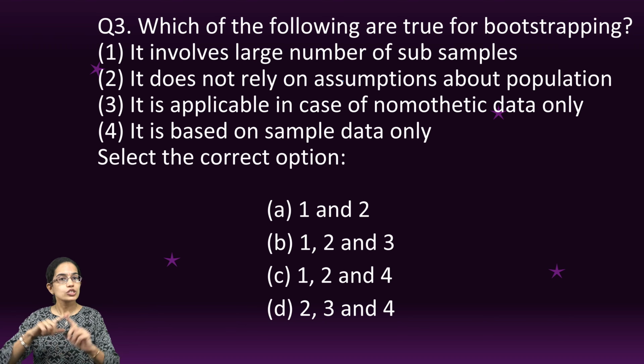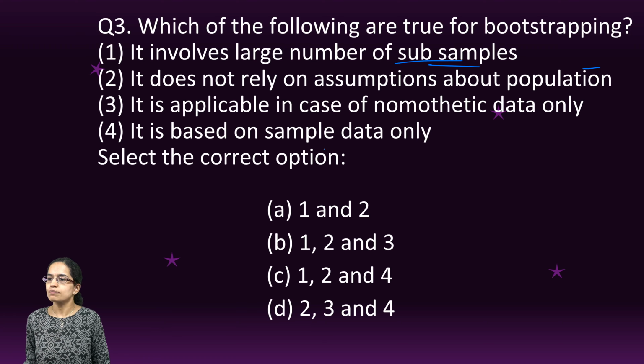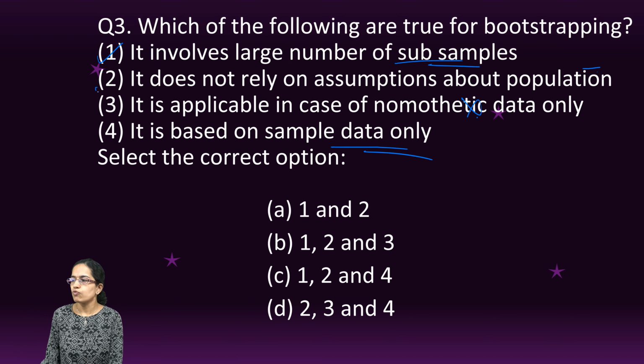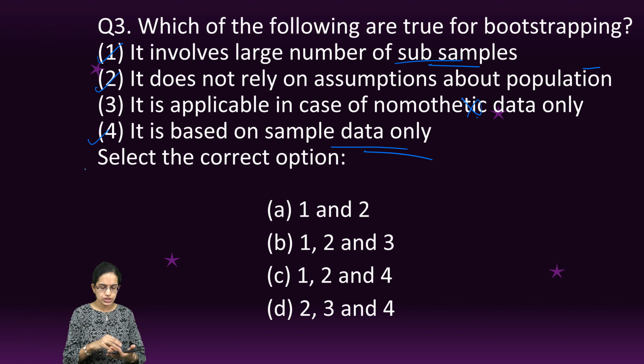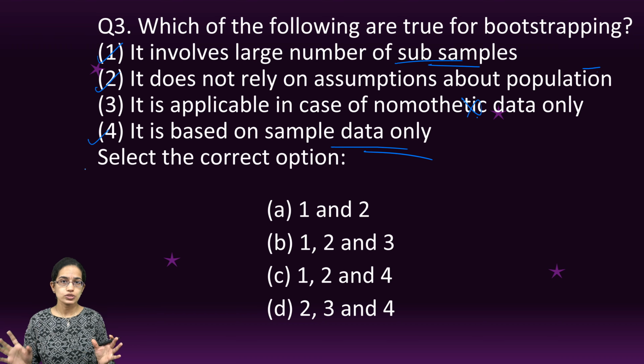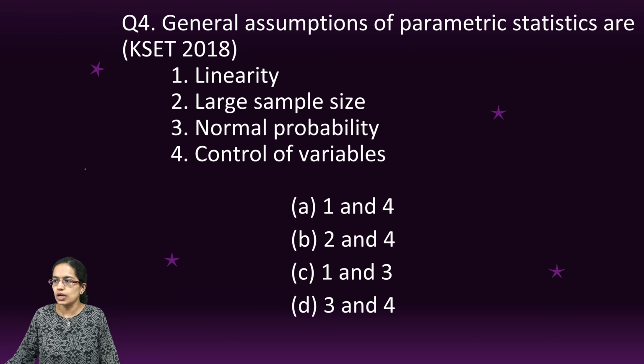It involves a large number of subsamples, and it does not rely on assumptions about the population alone, and it is based on sample data. It is not applicable to nomothetic, but it is applicable to other data sets as well. So you would have 1, 2 and 4 as the right option. As I said, it focuses on accuracies in measurement and random sampling. So sample sets are usually taken into consideration.